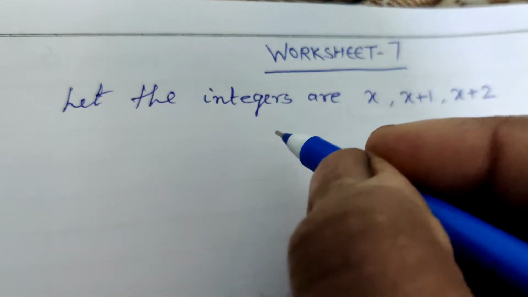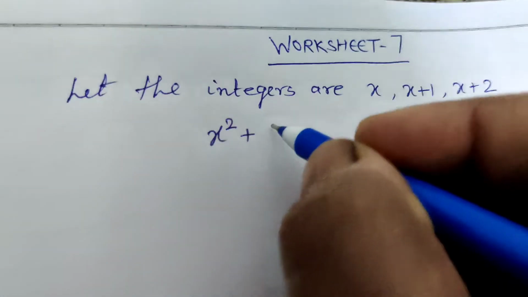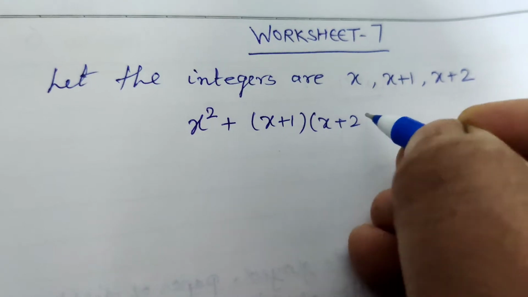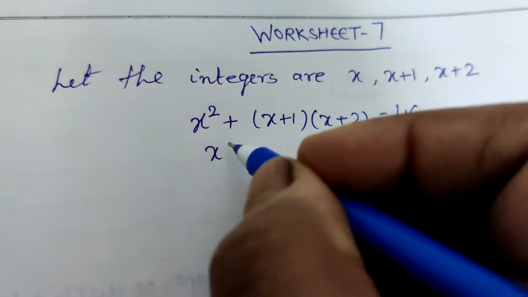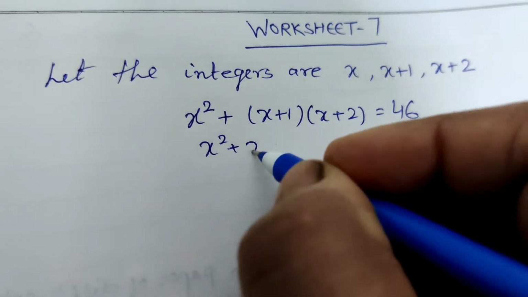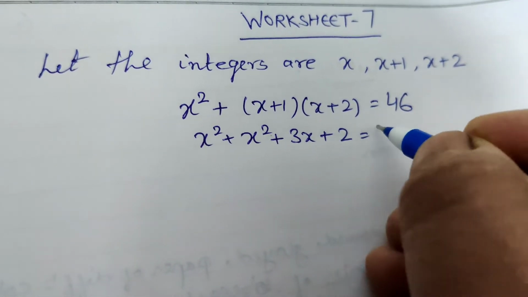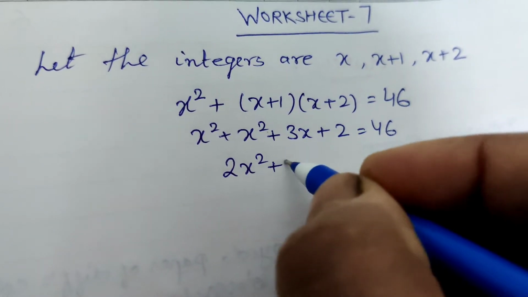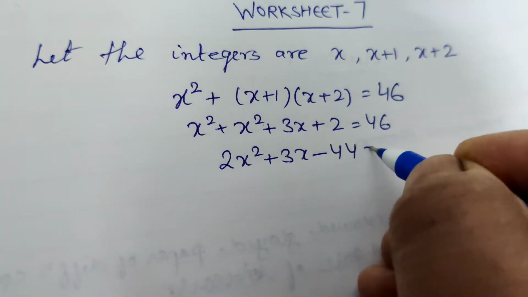The sum of the squares of the first, x square, plus the product of the other two is equal to 46. Now solve. The product of these two is x square plus 3x plus 2, equal to 46. So 2x square plus 3x minus 44 equals 0.